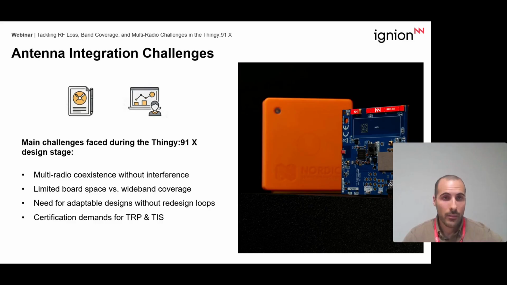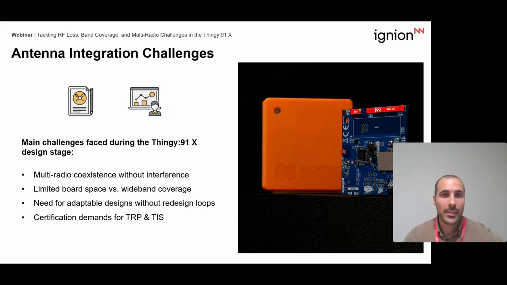And finally, related to the market path, this one is influenced by regulatory and performance compliance. So certification demands for TRP and TIS have become a critical step, as they ensure the device meets required standards for total radiated power and total isotropic sensitivity.